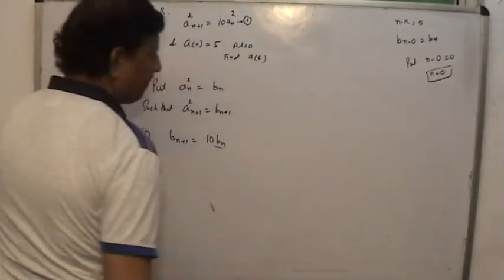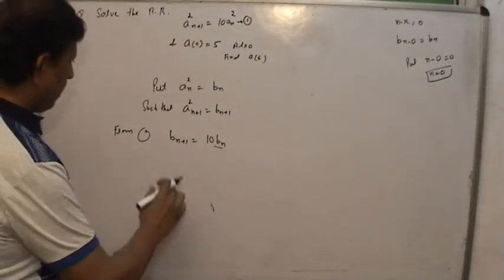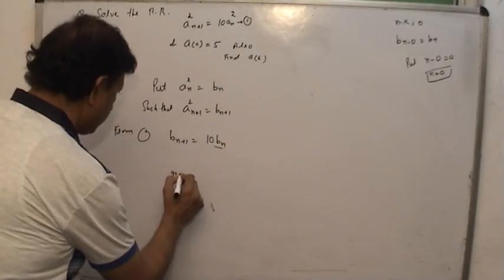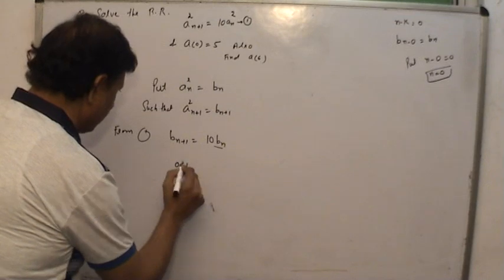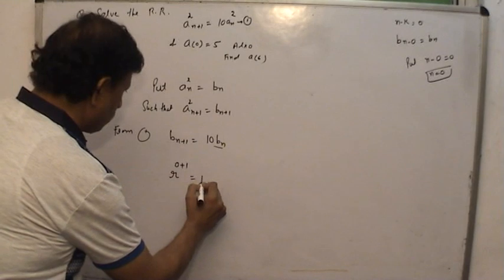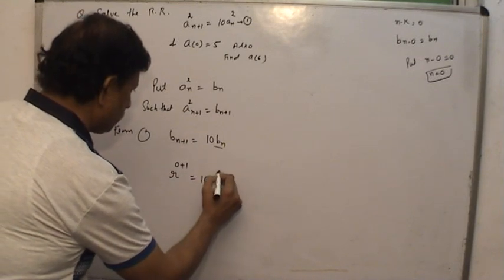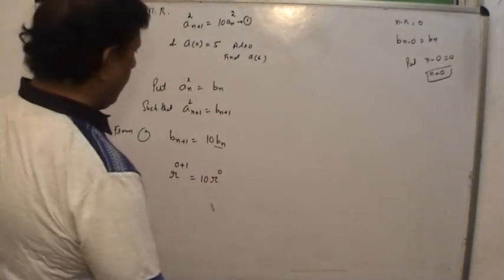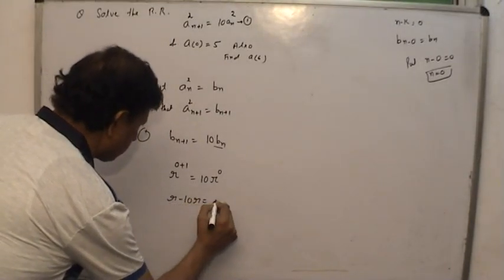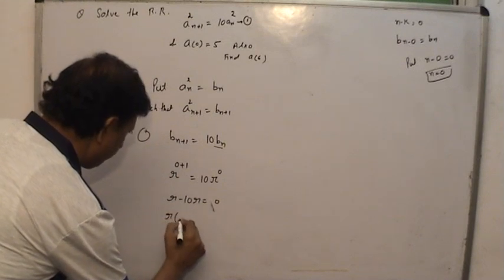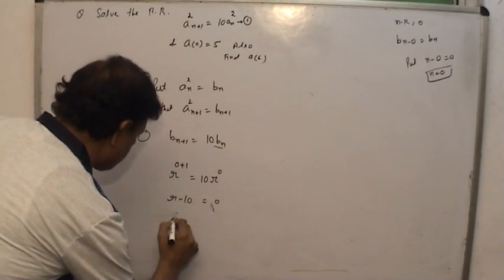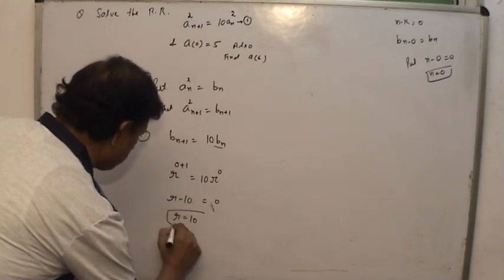And we consider another variable, say r, corresponding to these terms. We write r raised to the power 0 plus 1, that is equal to 10 times r raised to the power 0. That is r minus 10 is equal to 0, so r is equal to 10.